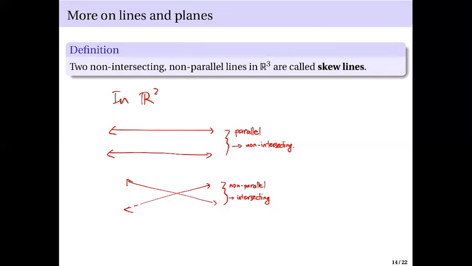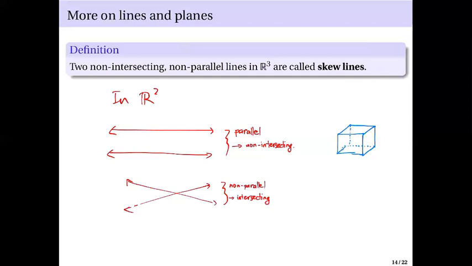Let's look at this. Say you have a box in here.